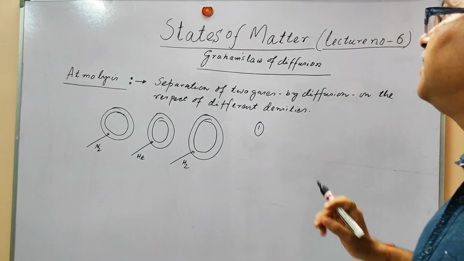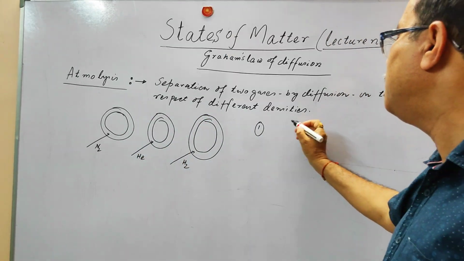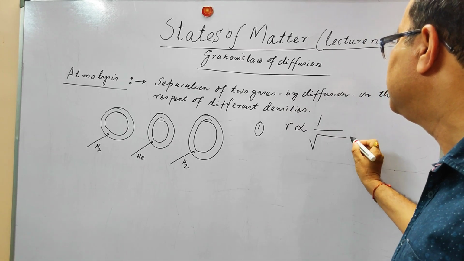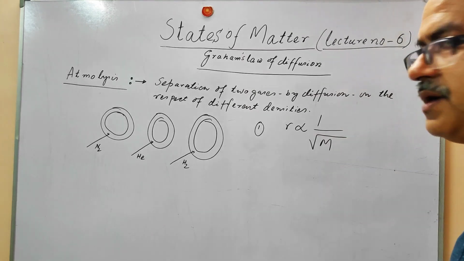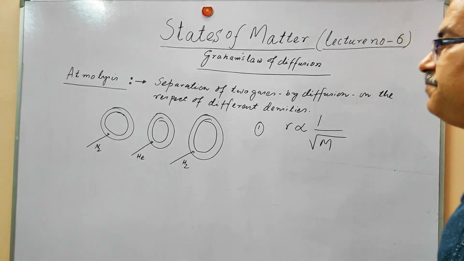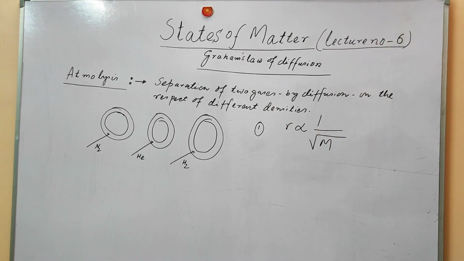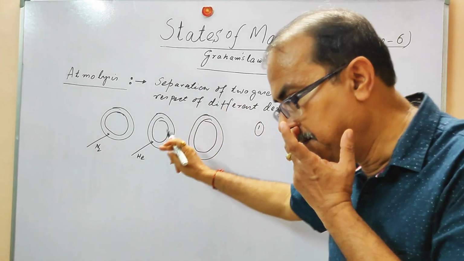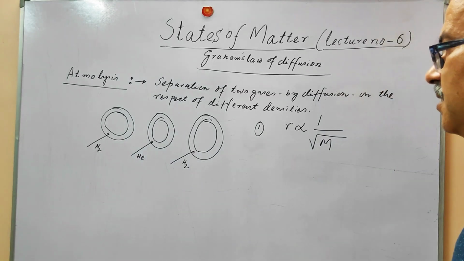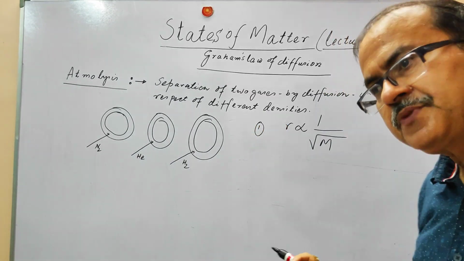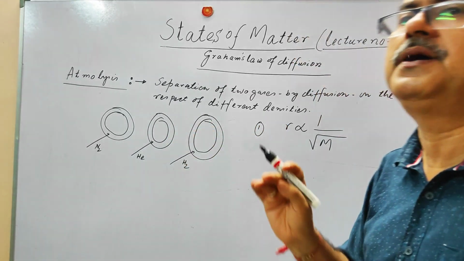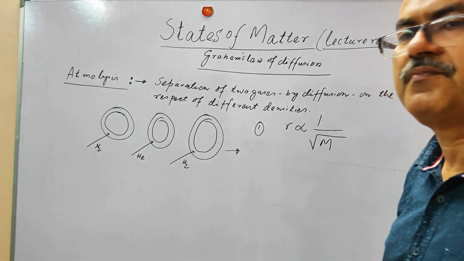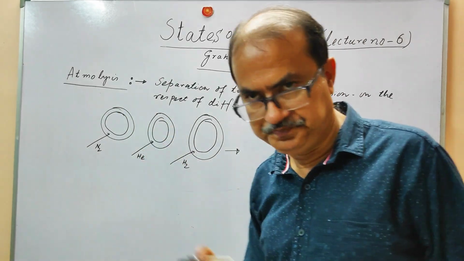From Graham's law of diffusion, we know that the diffusion rate is inversely proportional to the square root of the molecular mass. If we go by this, what will we find? Hydrogen has the lowest mass, followed by helium, and followed by nitrogen. So when we fill the tube of the car with hydrogen, it will take less time as compared to the other two.